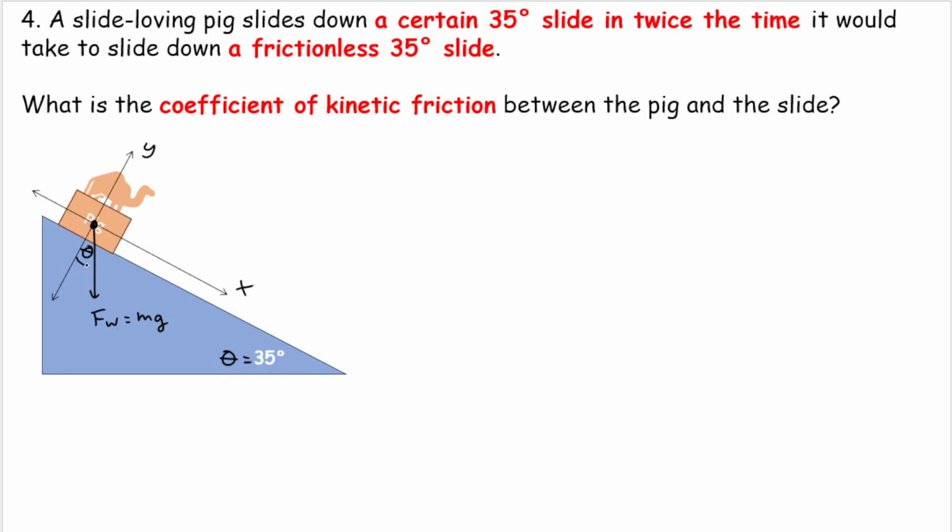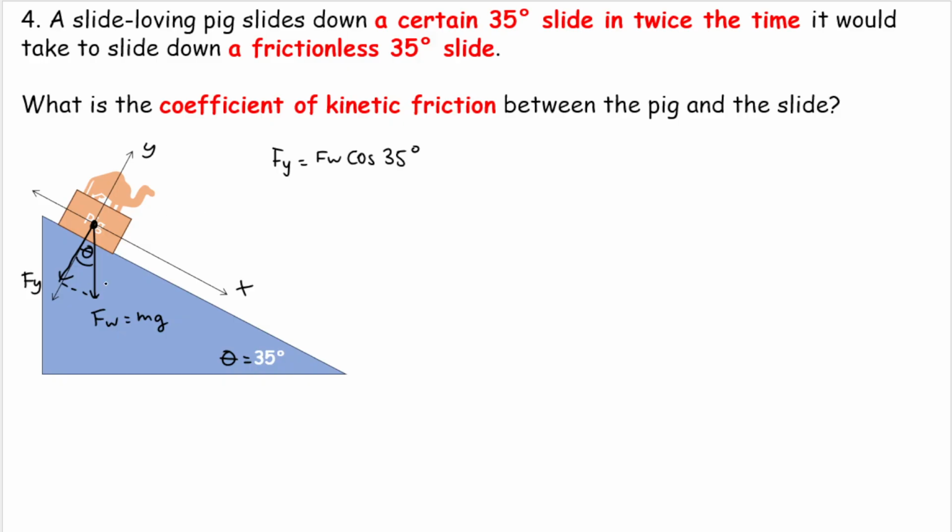And this force here is Fy, the adjacent of the angle over the hypotenuse, so Fy equals Fw cosine of theta, which is cosine 35 degrees.